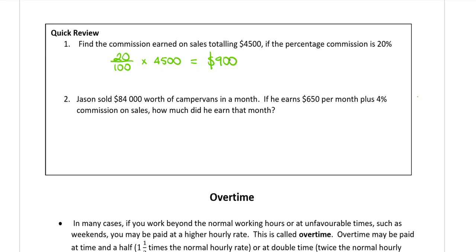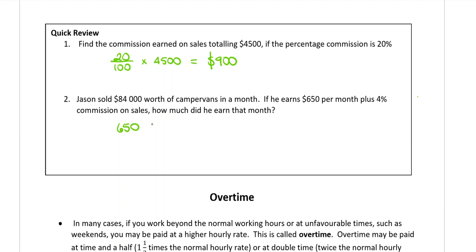Good. Jason sold $84,000 worth of camper vans in a month. If he earns $650 plus 4% commission on sales, what did he earn that month? So he gets the $650 no matter what.